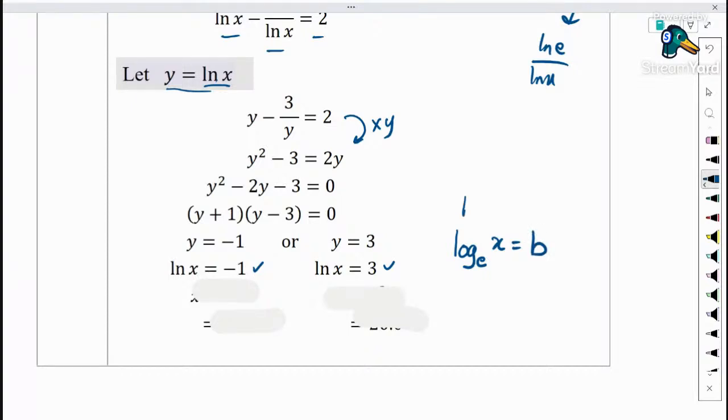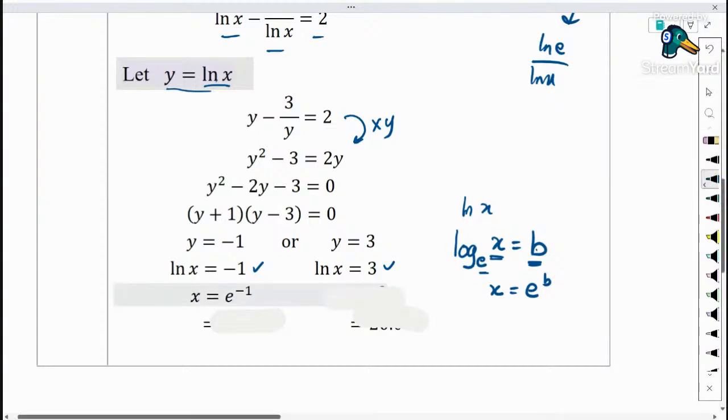Recall how, from log equations, we change to index equations. So ln x is actually log to the base e of x. So the way of solving it is that the x term is maintained, the base of the log becomes the base of the index, and the constant becomes the power. As a result, I have e to the power of minus 1.